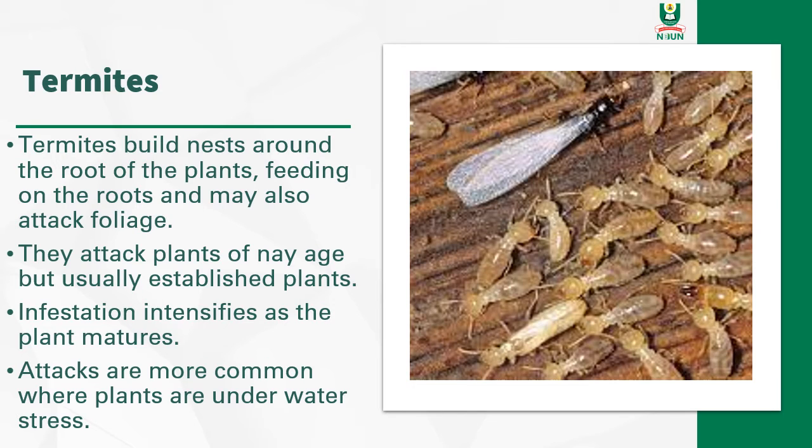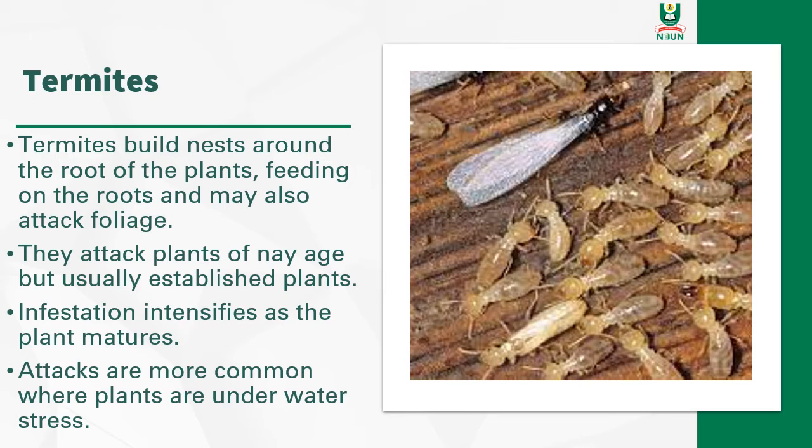If you have been to the farm before, you must have seen some of these nests that these termites build. They build their nest around the roots of the plant, and once they do that, they destroy that plant totally. They keep feeding on the roots, and when they are done with that, they attack the foliage of the plant.